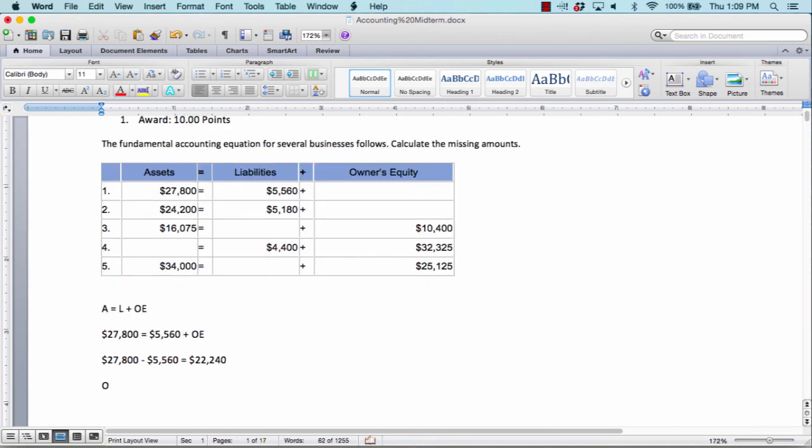So in this case, owner's equity is equal to $22,240. And you will follow the same procedures for the remainder of the 4 questions here, but just finding out what liabilities is for number 3 and what assets is for number 4, and so forth.